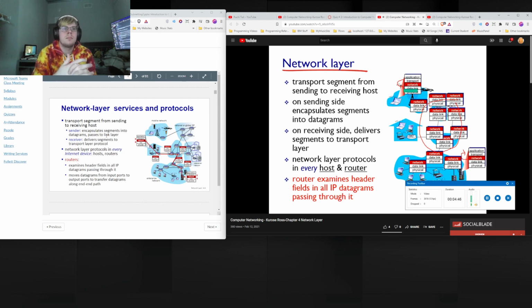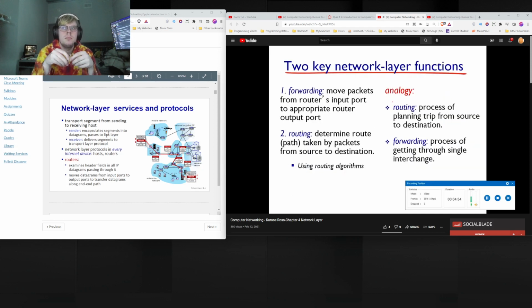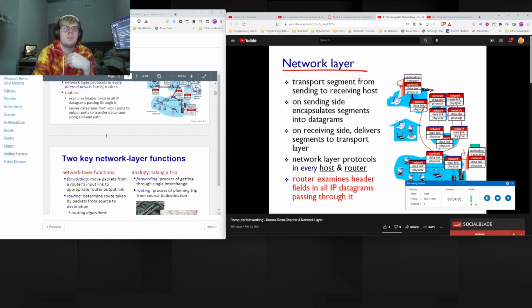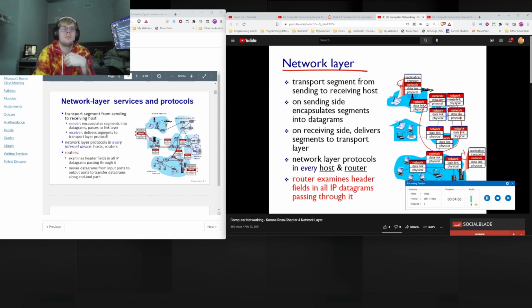So if you see the animation here, it goes and then it is delivered over here. This is how it works. I'll show you again. For example, you make a message, it goes to the network layer, then through all these links, and then from the network layer up to the application layer.